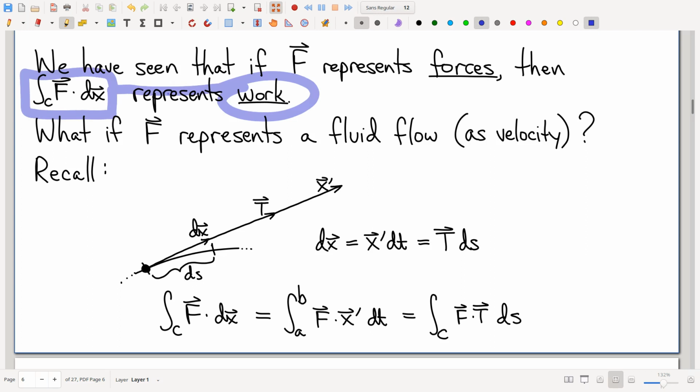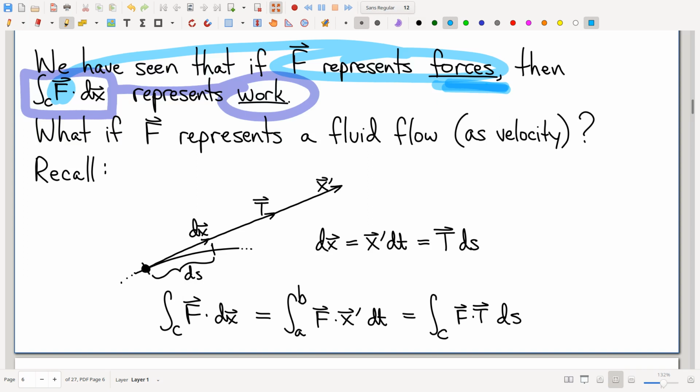And the reason we got work is because the vector field itself was representing forces. And so when you look right at this expression, F dot dx literally is force dot displacement, thus work. Right? Everything kind of fits together.